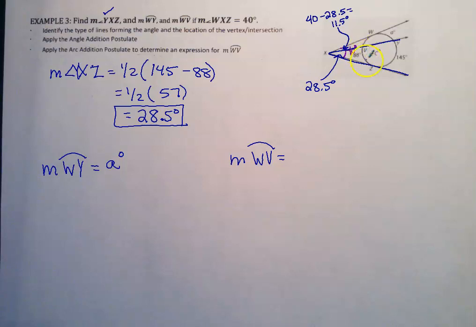So 88 and 145 and A. So we could say WV is the same thing as if we take the 360 and subtract the 88, subtract the 145, and subtract A. It doesn't get us much further, but it is something.